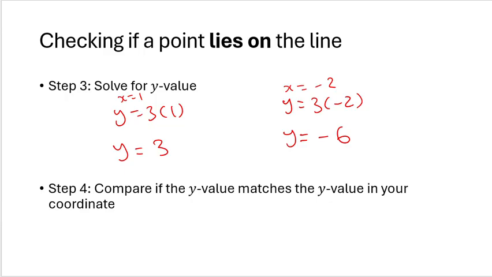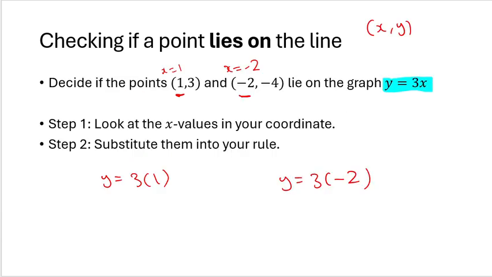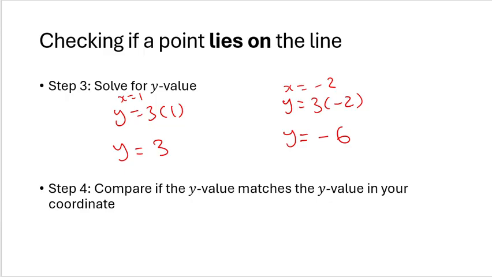Step 4 here says compare if the y value matches the y value in your coordinates. So let's just double check our coordinates again. So we had coordinate 1, 3. And then we have coordinate -2, -4. Yeah. So we're just going to have a look, okay?